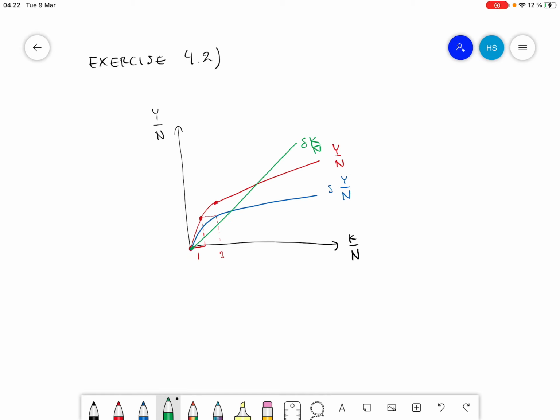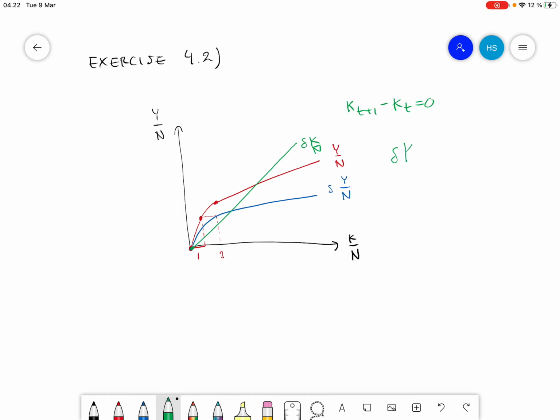So where do we have our steady state? Well, what was the steady state condition? Well, we know that in steady state, the change in capital stock equals 0. And when is this the case?